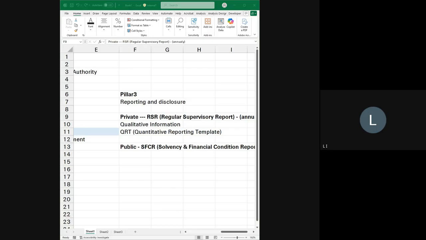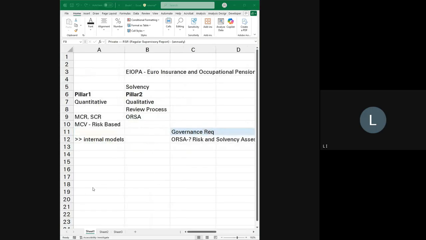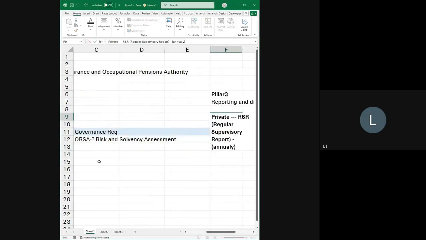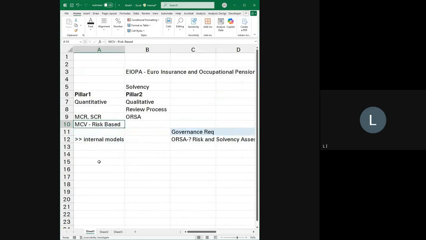Cool. Now comes the interesting part, which is what other problems Solvency 2 also takes care of. Now, one of the very interesting portions here is something called the group reporting requirements. This is something a lot of the big conglomerate insurance companies face today, and it has to be tackled as a part of Solvency 2, and that is group reporting.